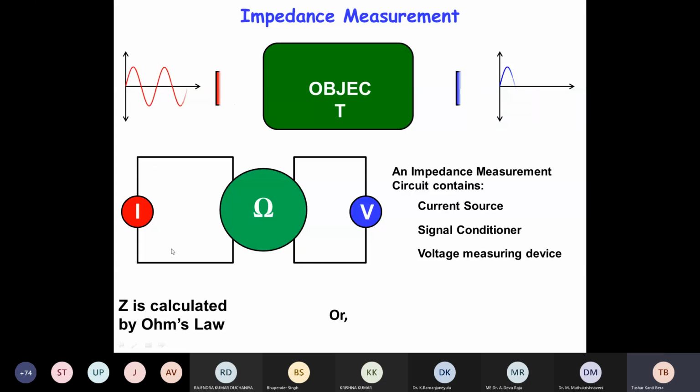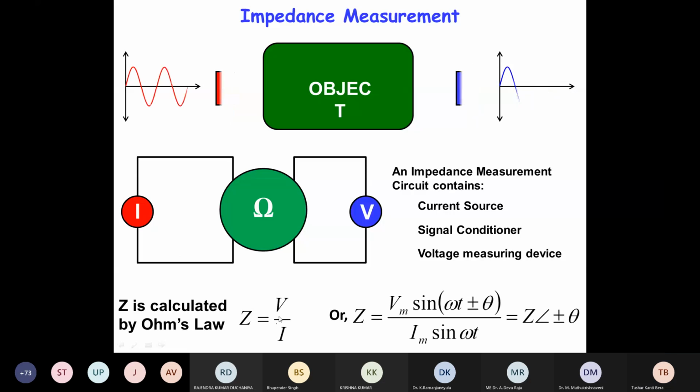So Z is calculated by Ohm's law. If the current is applied, the current is taken as the reference, and that current is taken in the form Im sin omega t, which is the standard form of representing a sinusoidal wave.